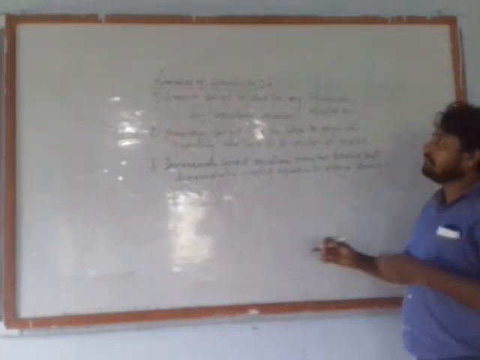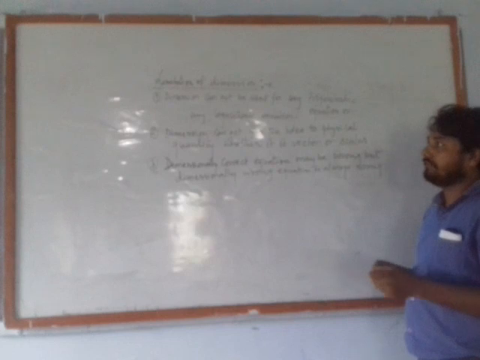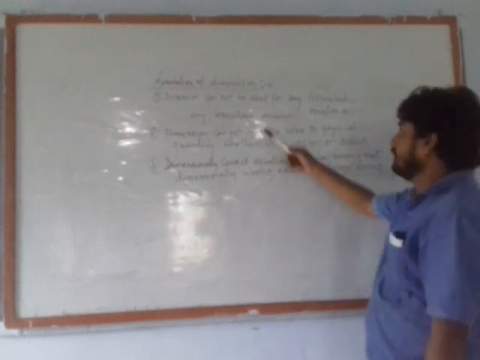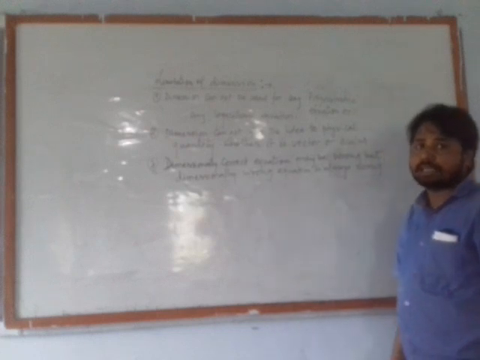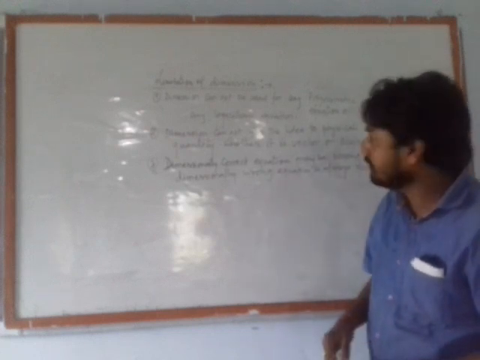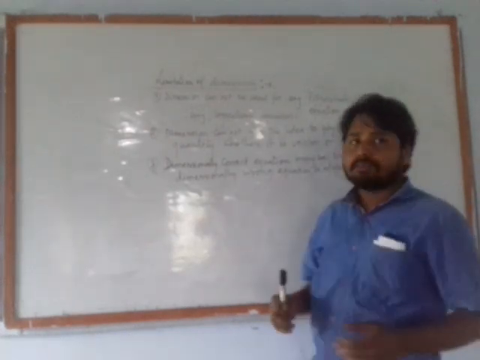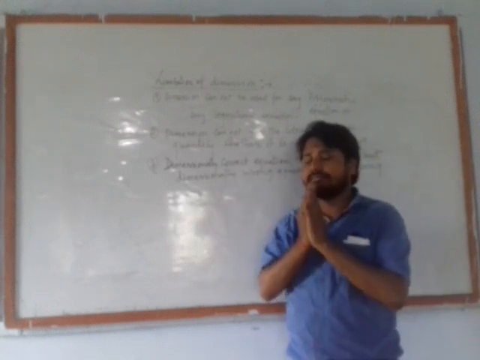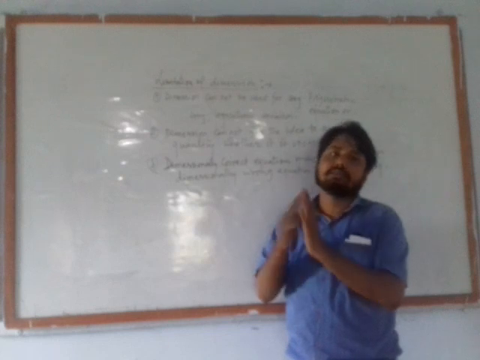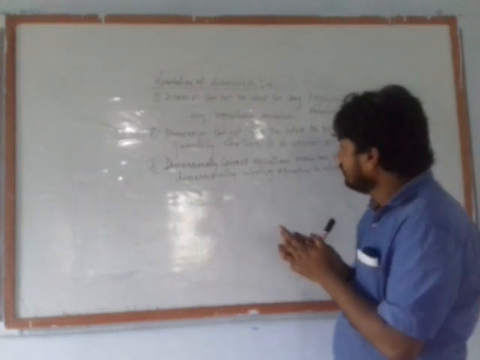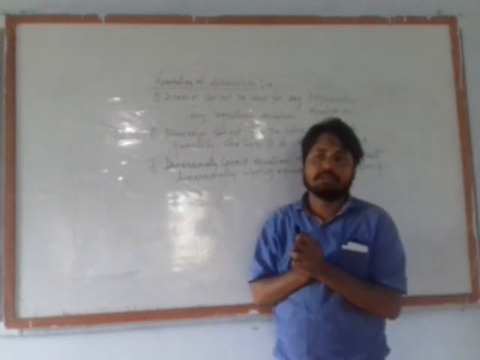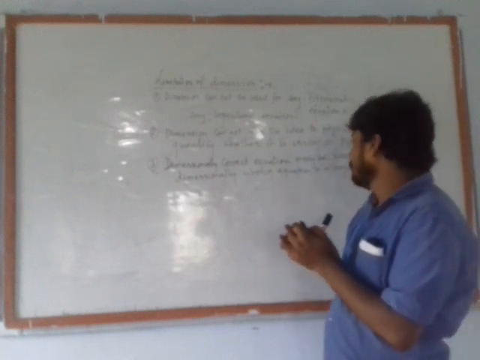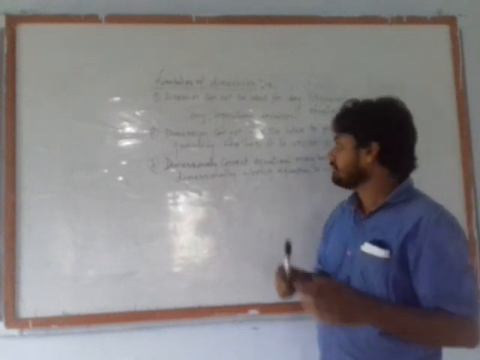So dimension has these three limitations. The very important limitation is that it cannot be used for any type of trigonometric functions or logarithm functions. Then next is it can't signify any physical quantities in terms of vector and scalar. And dimensionally correct equation may not be correct, but dimensionally wrong equation is always wrong.